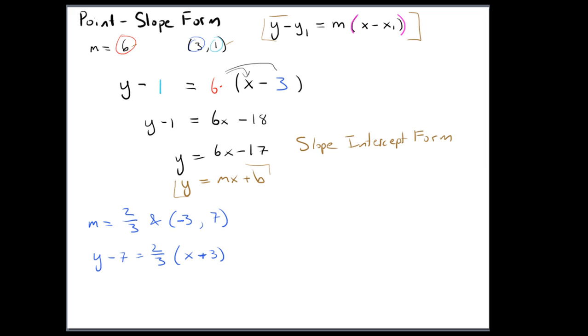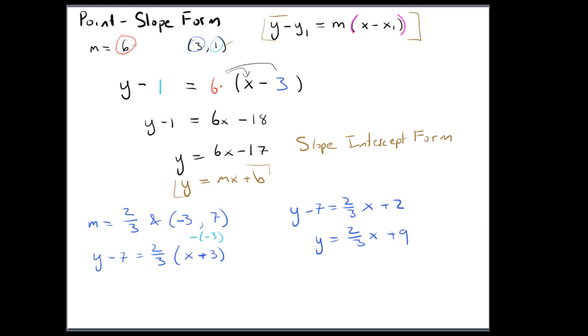And this plus 3 is actually minus a negative 3, right? So this becomes y minus 7 is equal to 2/3 x plus 2. So y is equal to 2/3 x plus 9.